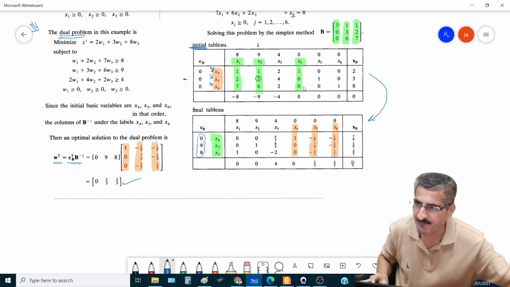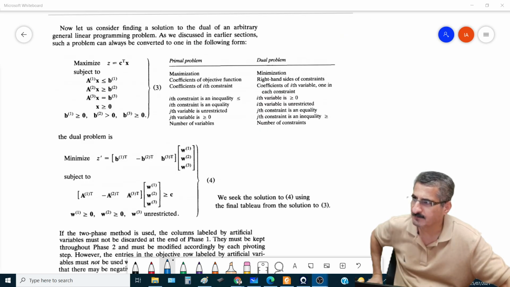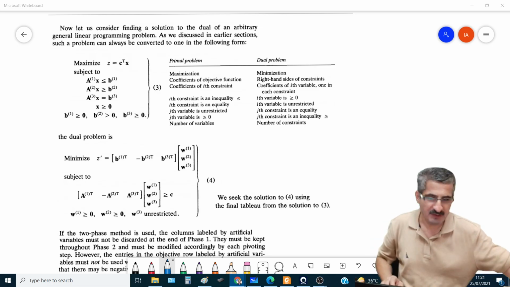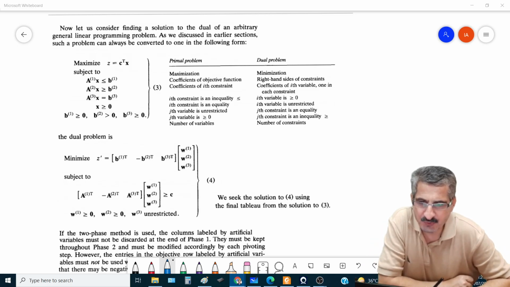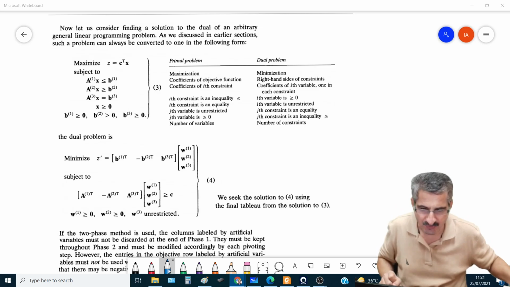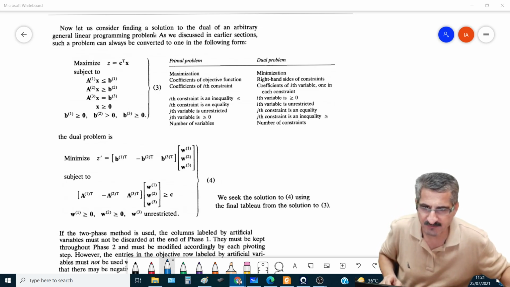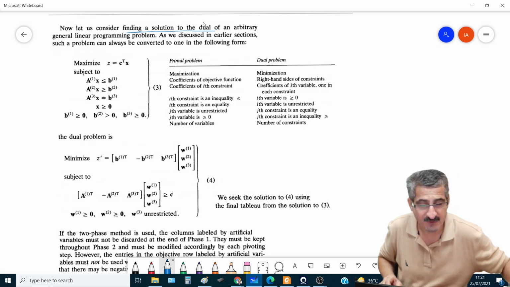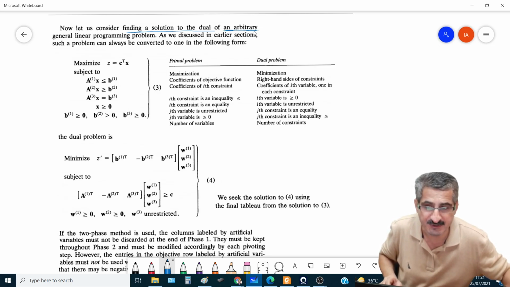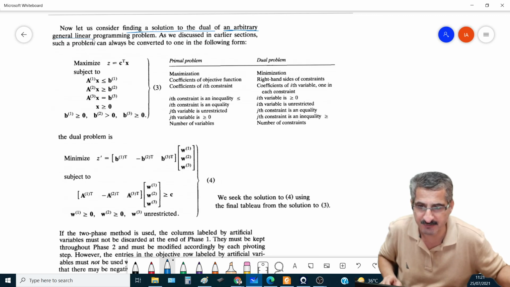We will see now. Let us consider how to find the solution of the dual problem of an arbitrary general linear problem, not necessarily in the canonical form.